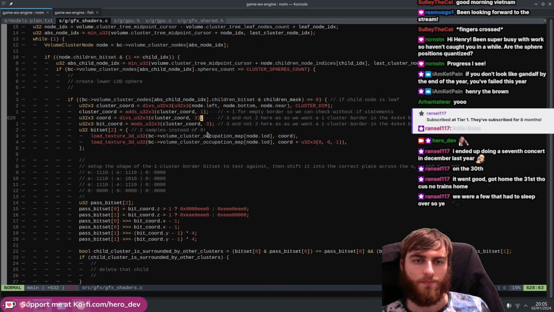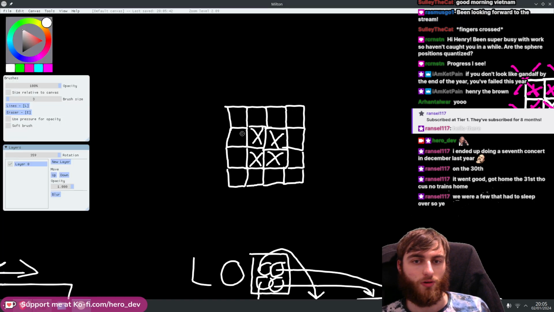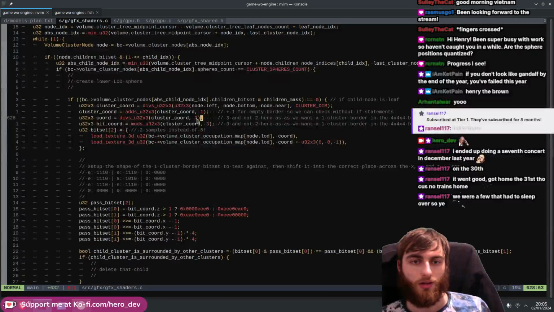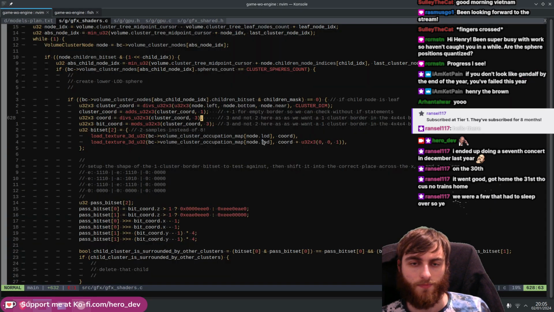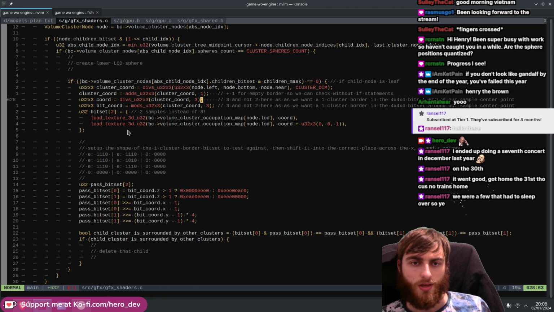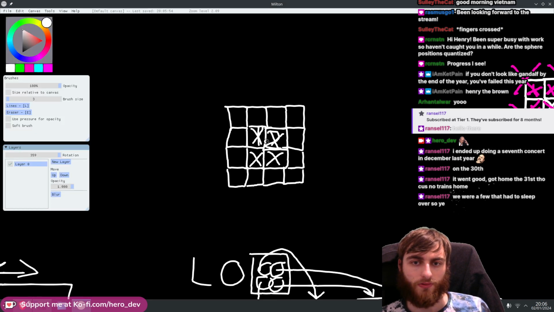Interesting. Yeah, so for 0 and 1, 0 will be added to 1 and it'll go to here, right? And then 1 will be added and it'll go here. So this would be your mid sample position within the bit set.